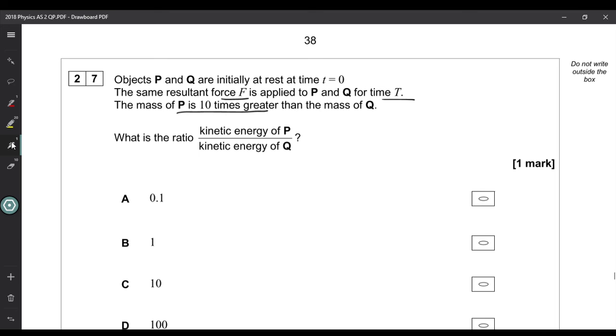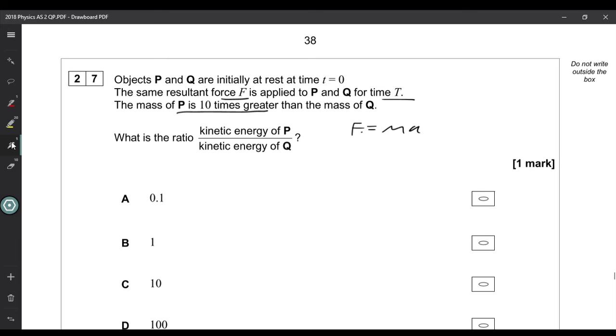So we know that F equals ma. We've got the same force, so if the mass is 10 times in P, then that means the acceleration must be a tenth.